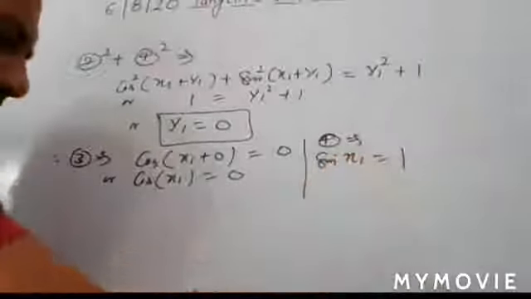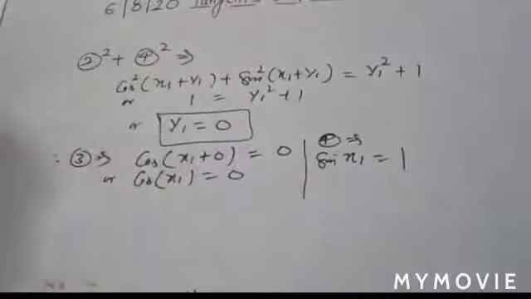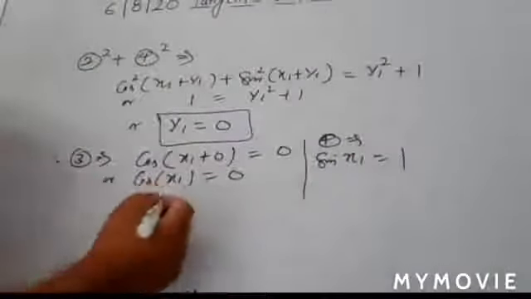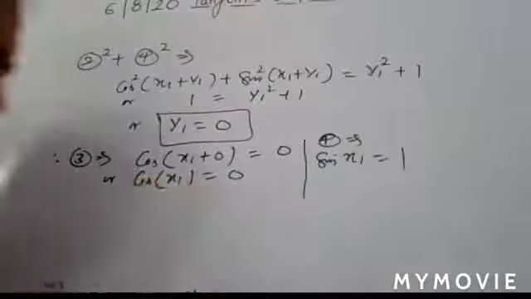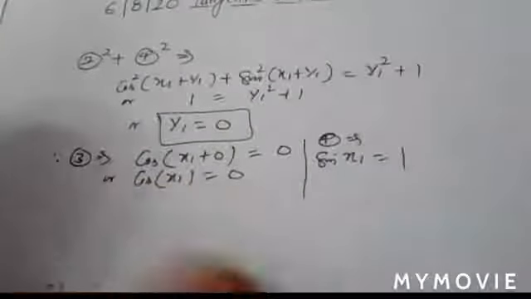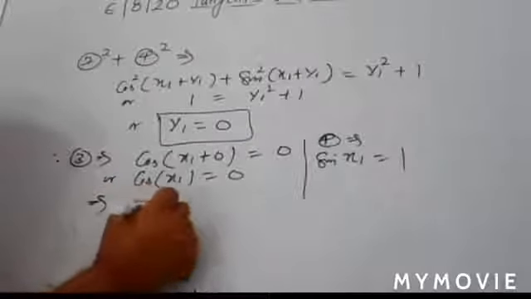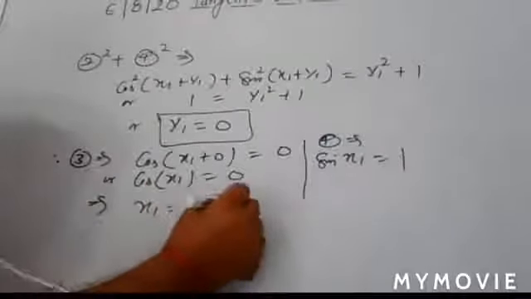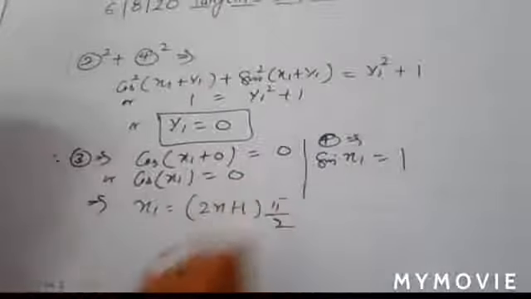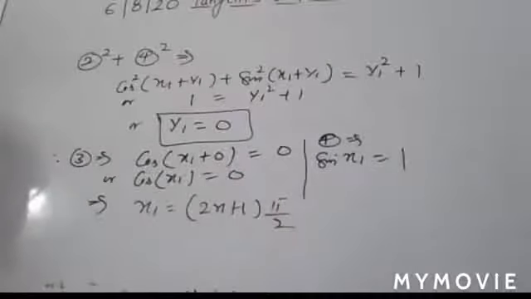If you think about the general formula of cos, if cos x is equal to 0, the value of x1 you can write (2n plus 1) pi by 2. You already have this concept.